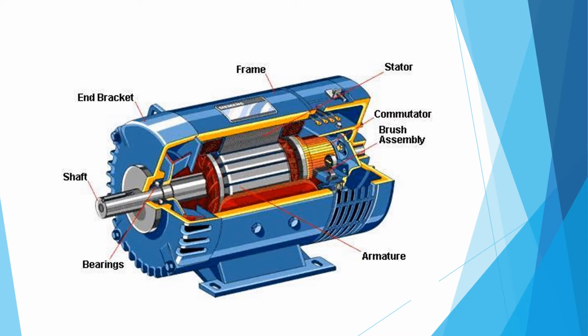On the rotor you can see there is the armature. This one is called the armature winding. This part is on the rotor, this one is the commutator. You can see there are black brushes here, the brush assembly, which touches the commutator segment.